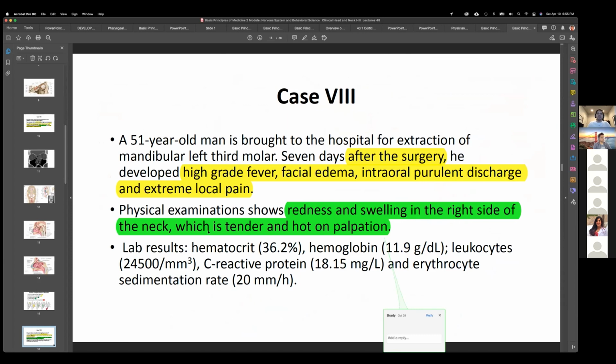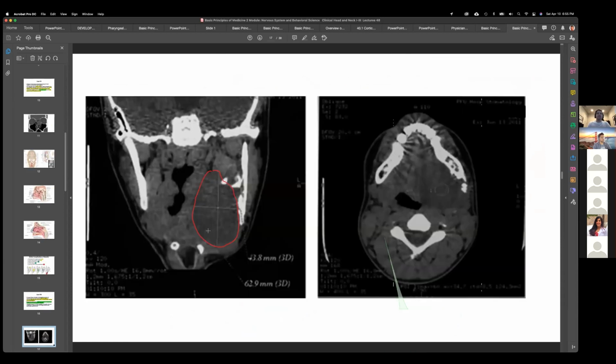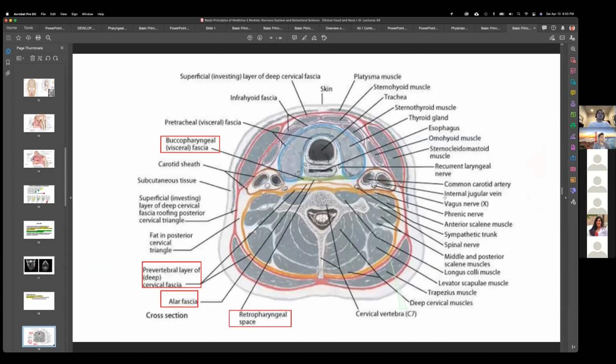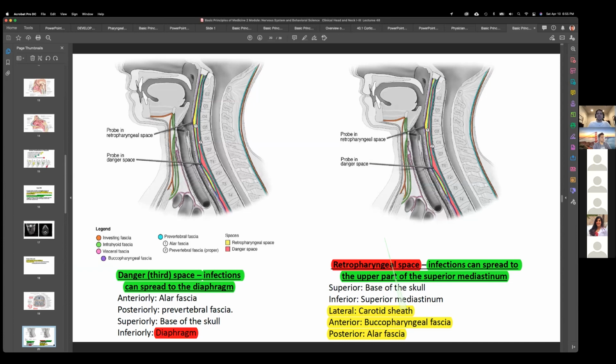Swelling on the right side of the neck. Looks like one of those, well, is it one of those sinuses? Maybe so. Oh, that was a good one. Yeah, look, this is red here. This is a good place where infections can spread, right? Retropharyngeal space. Danger third space, infection spread to the diaphragm.